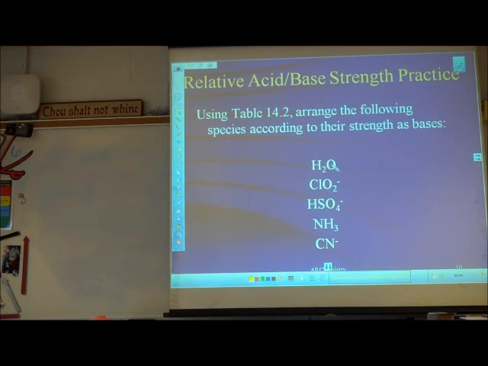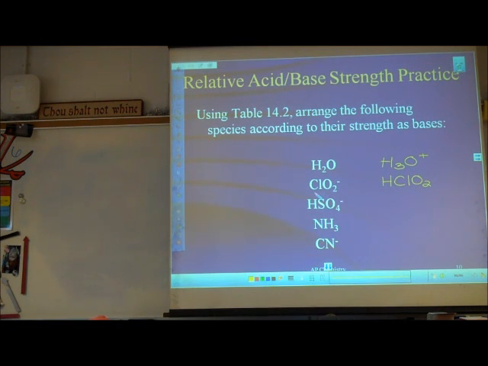Well, I want you to tell me if H2O accepts a hydrogen ion, what is its new formula? H3O plus, also known as hydronium. If this ion accepts a hydrogen ion, what does it turn into? HClO2. The minus charge is gone because hydrogen ion has a +1 charge.